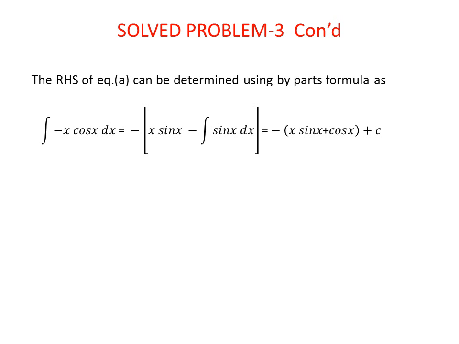So according to the formula, in the first term we have the first function as it is. If we consider x as our first function and cos x as our second function, so write here x as it is. Now take the integral of the second function, that is cos of x. If we take the integral of cos of x, we will have sin x.